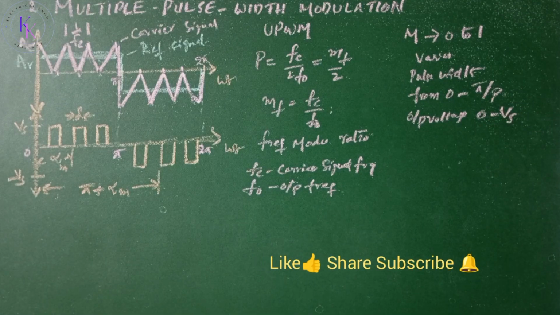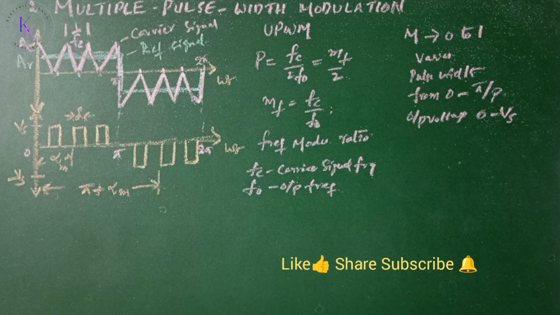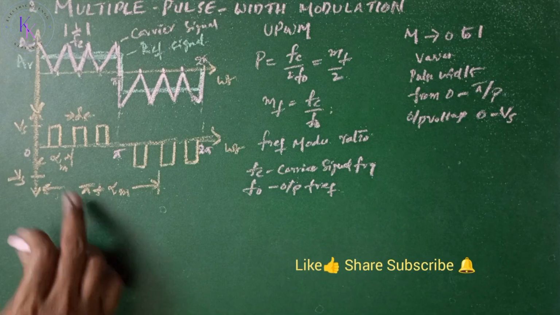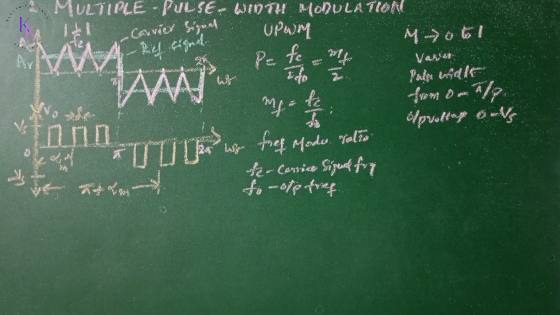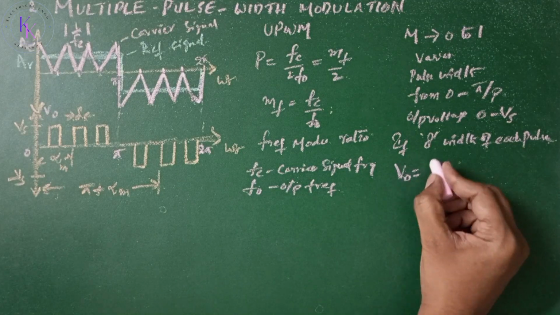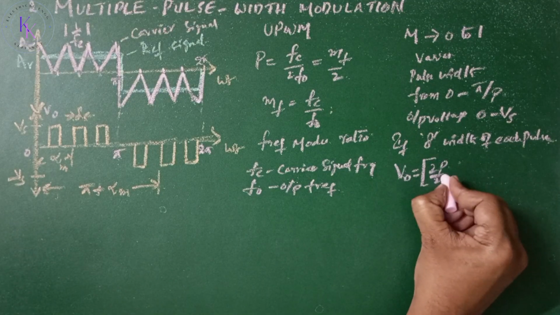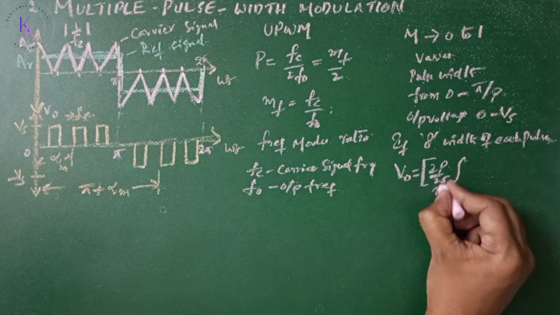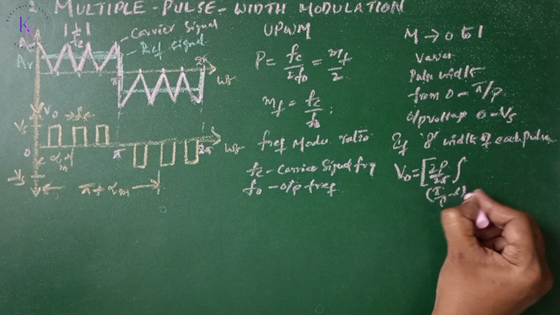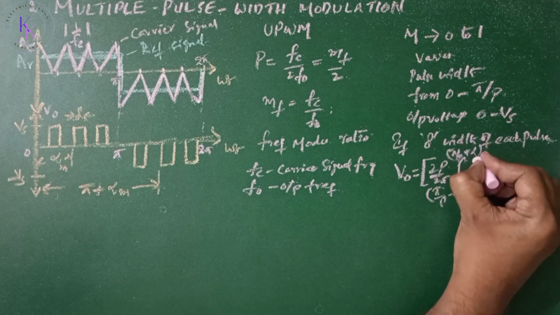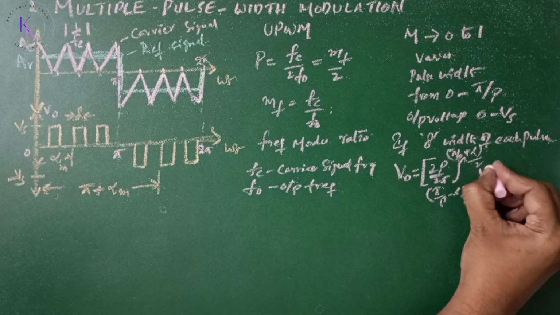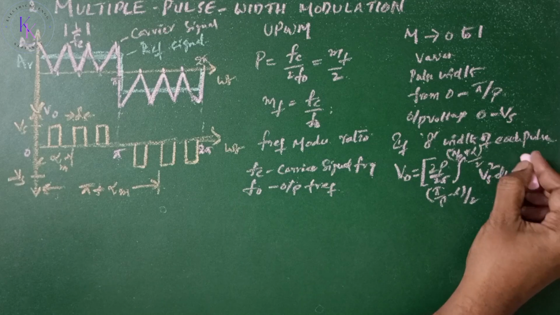The output voltage of a single bridge inverter for uniform pulse width modulation is as shown here. This is the output voltage V0. If delta is the width of each pulse, then the RMS voltage V0 equals the square root of 2P by 2 pi integral from (pi by P minus delta by 2) to (pi by P plus delta by 2) of Vs square d omega t.